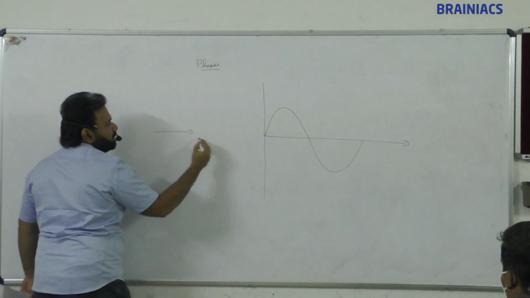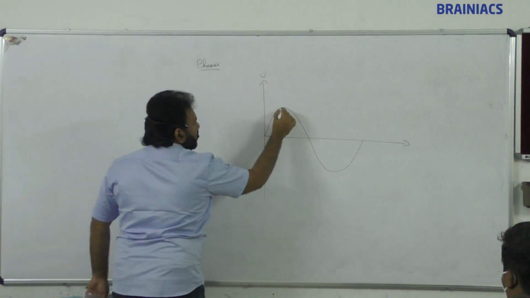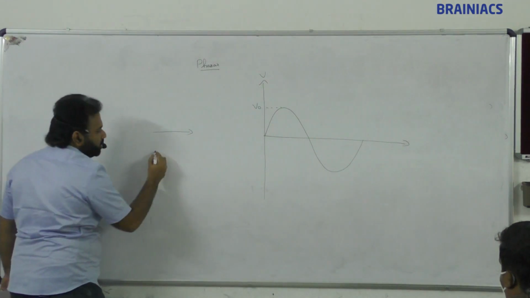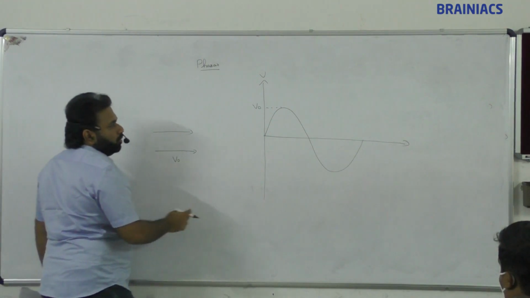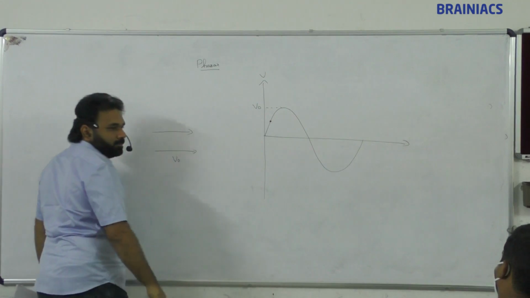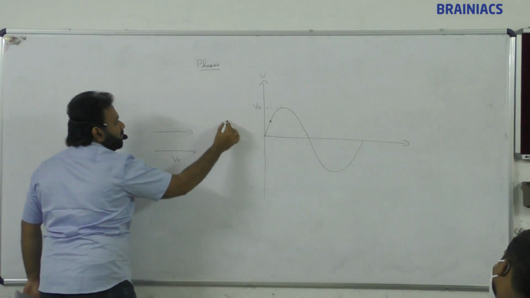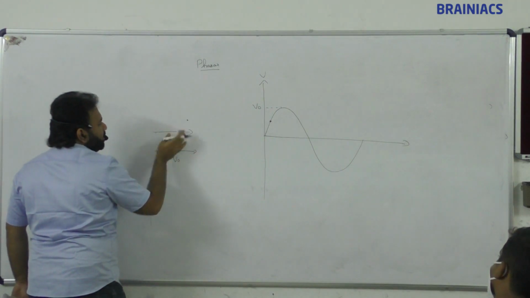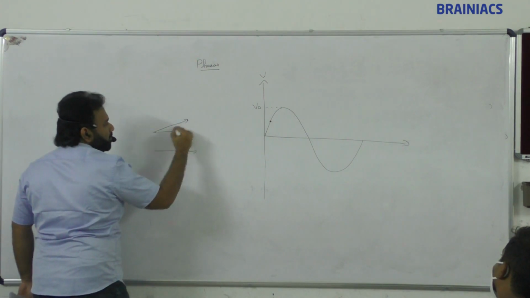Suppose this is voltage, and this is V naught, then this length will be how much? V naught. Now suppose we are considering the instantaneous value to be this. If we take the same line here, we will rotate it in the anti-clockwise direction, so this will be the position.